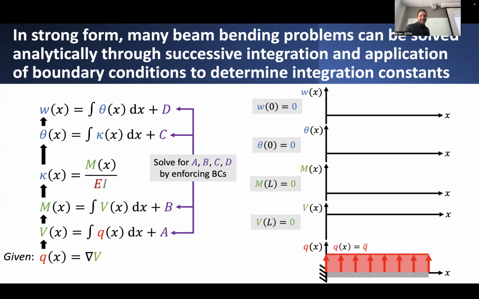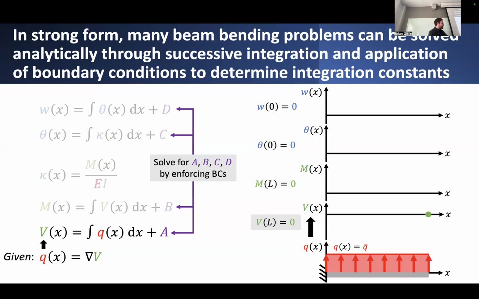So in this particular example, we start off with this transverse loading function Q. Let's say it's just a constant Q bar. So integrating this function really amounts to just integrating a constant, which means that the resulting integral of a constant gives me what?